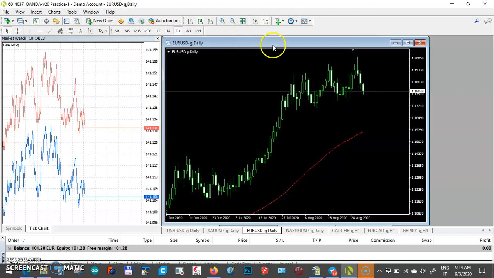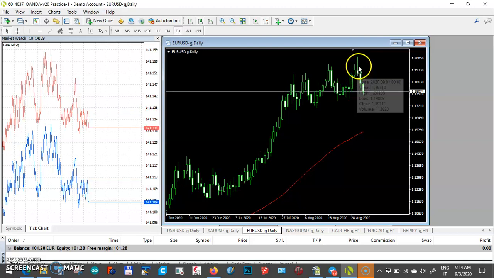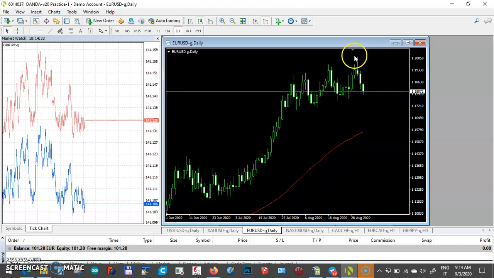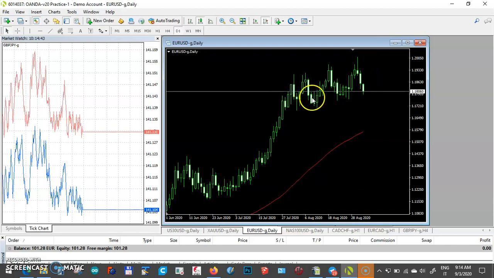and the daily is negative, the trend is negative, but we can see there was a big wick here, and this is the upper resistance, and there are others. This is the lower limit of the resistance.